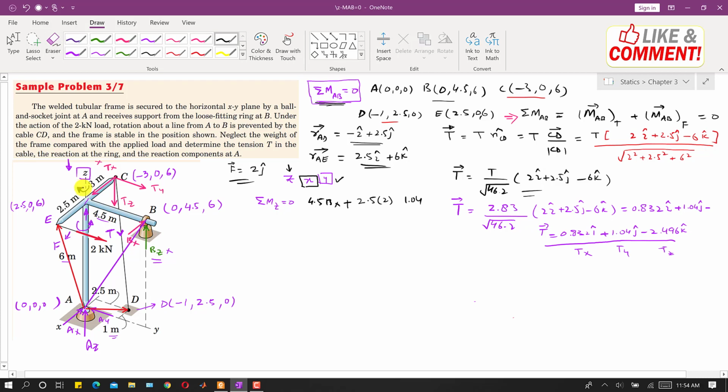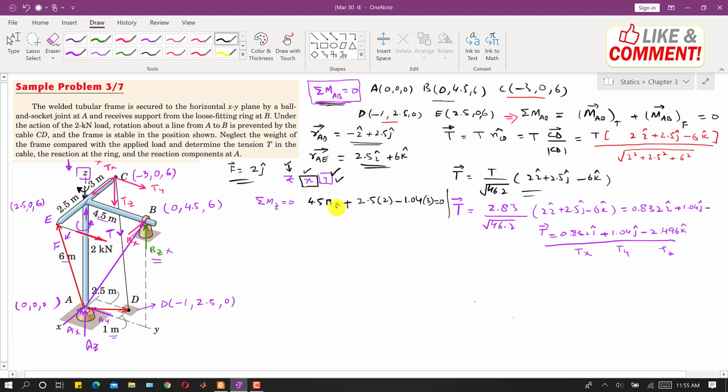If we curl our right hand fingers, the thumb will point out in the negative Z direction. So I will write minus, and this Ty is along Y. We are observing the forces from Z, so the perpendicular distance will be along X. The perpendicular distance of this Ty along X is this 3 meters. So I will multiply this with 3, and this will be equal to 0.